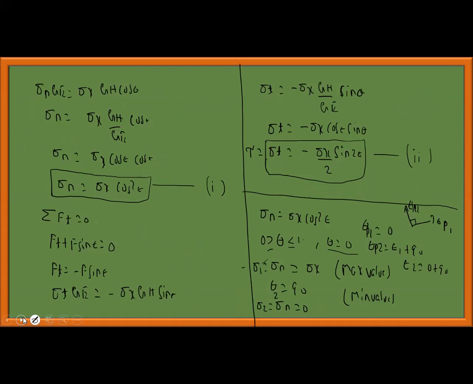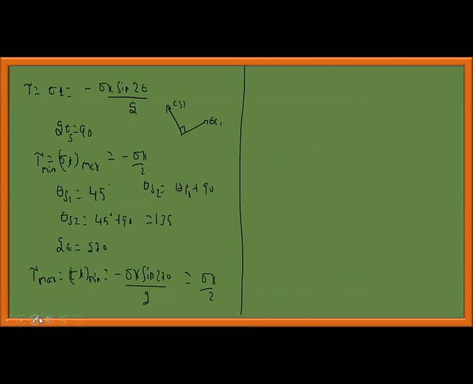You should understand that there are normal stresses. There is a principal stress 1 and principal stress 2, each separated by 90 degrees. The maximum value of principal stress for a bar subjected to uniaxial loading is sigma x itself. That is equal to sigma 1. Minimum stress is sigma 2, which is equal to 0.